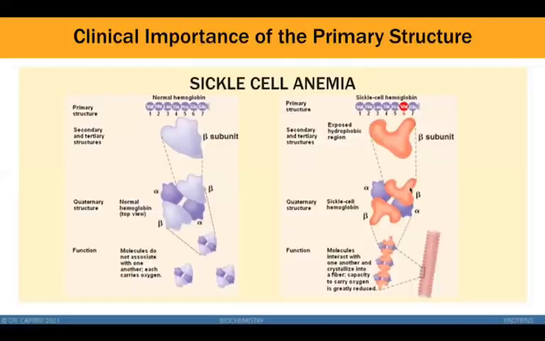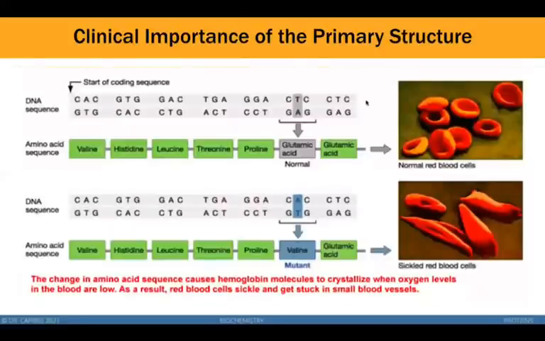It binds to oxygen and it transports oxygen. So if there's a change in this overall structure, this sickle cell hemoglobin has lesser capacity to bind to oxygen and to transport oxygen, and causes the sickling of red blood cells.